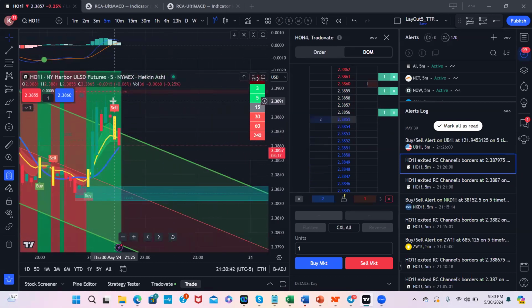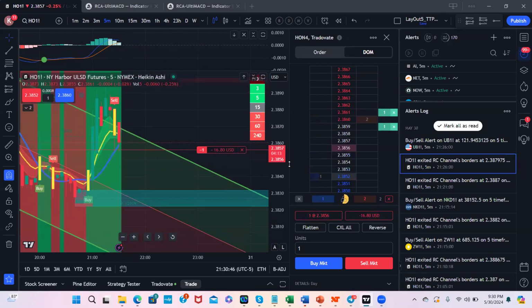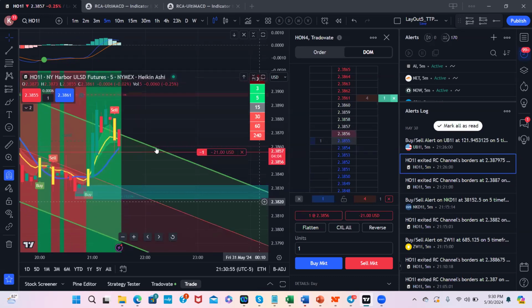Right, whenever price goes to the top of the channel, it is always a good opportunity. So it should minimum come all the way till here.